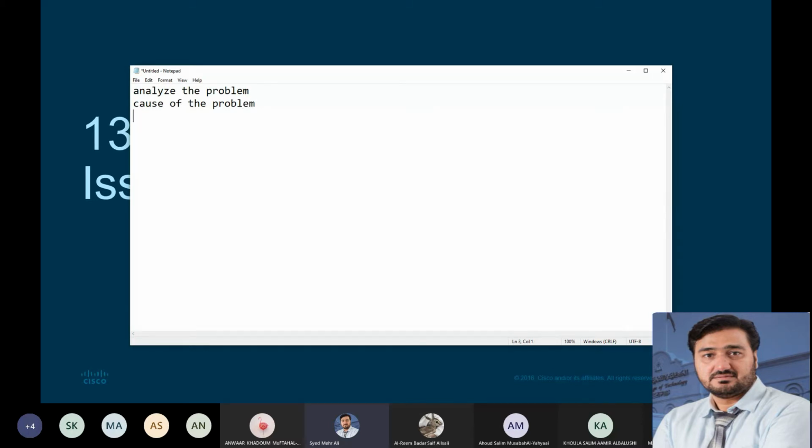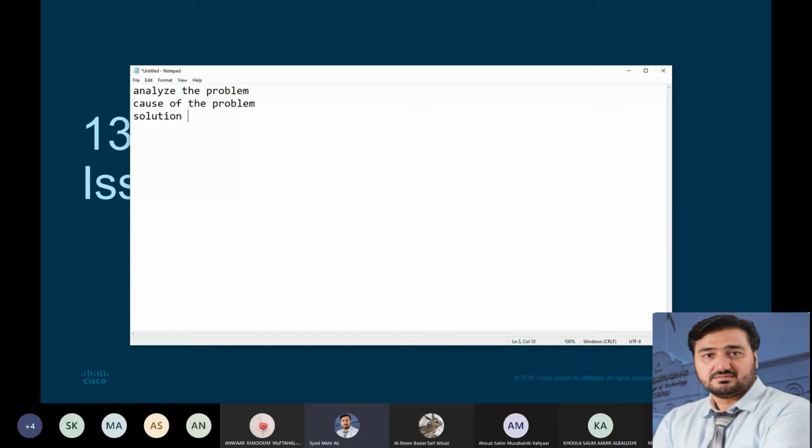Maybe there is a problem with the network layer, physical layer, or data link layer, or more specifically, a problem with the subnetting, the Ethernet cable, or your network interface card. We are talking about network-related troubleshooting issues, that is why we are talking about networking concepts. So the cause of the problem, then solution.